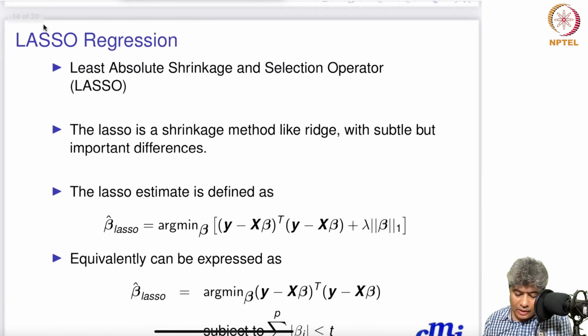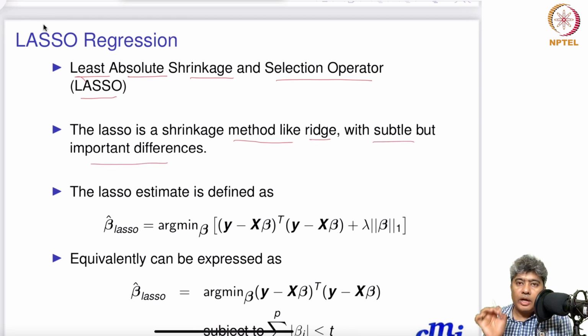Next is LASSO regression. LASSO stands for least absolute shrinkage and selection operator. The LASSO shrinkage method is like Ridge, with subtle but important differences. The difference is the penalty term.